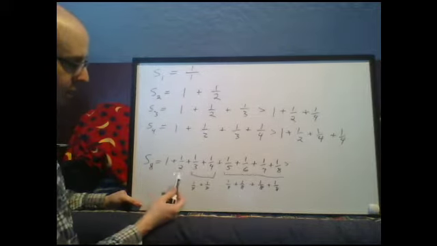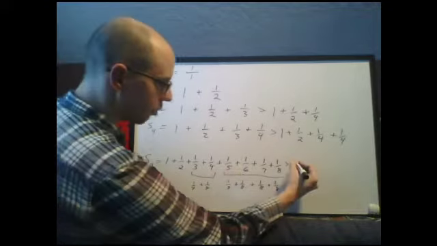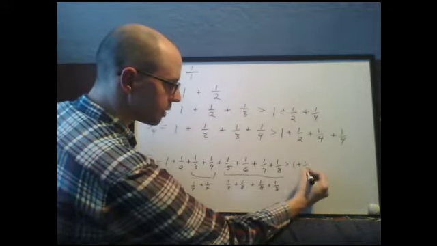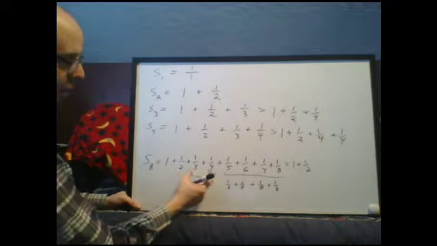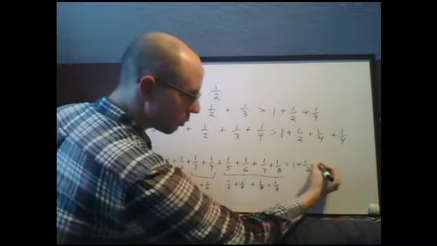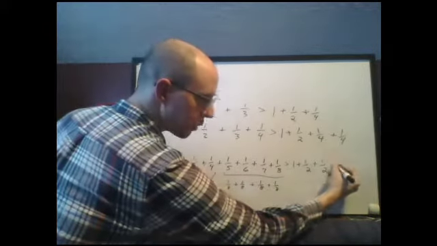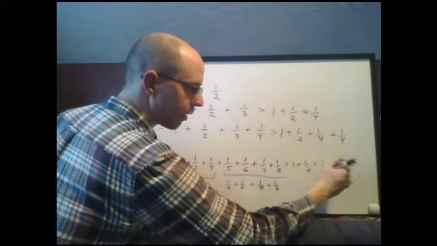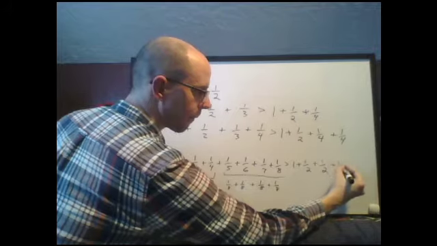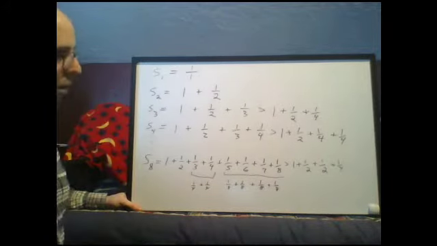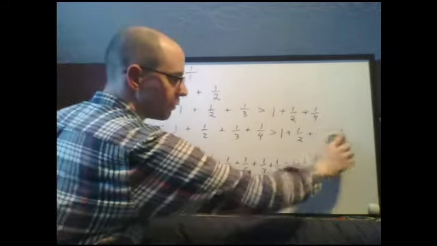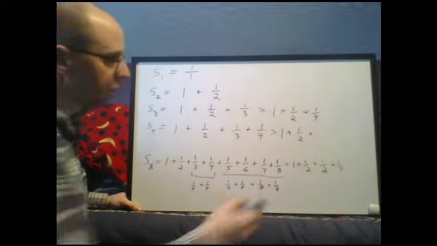So this is bigger than 1 plus the 1/2 that's already there. Then these two things are bigger than another 1/2. And then these four things are together bigger than another 1/2. Okay, so this previous one, the S4, I can replace those two 1/4 with a 1/2.